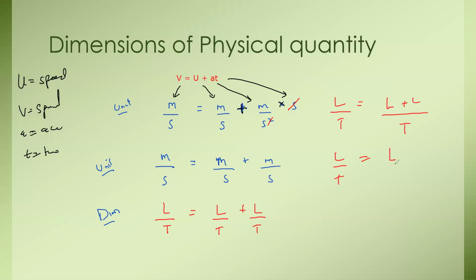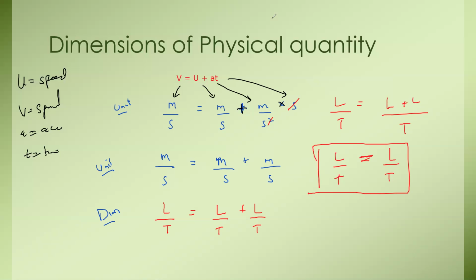L plus L will be L. So the left-hand side dimension is equal to the right-hand side dimension. For an equation, if the left-hand side and right-hand side dimensions are the same, it means that this equation is homogeneous, or scientifically correct.